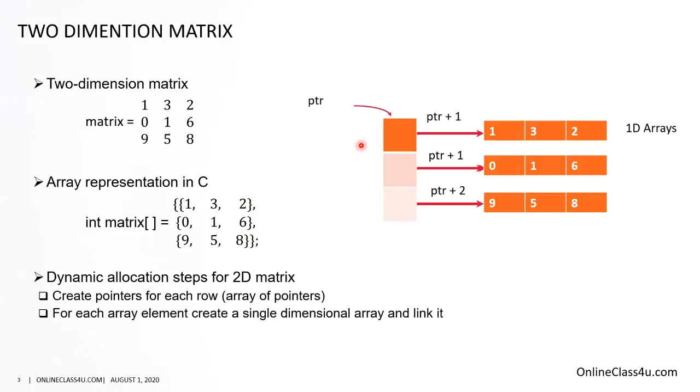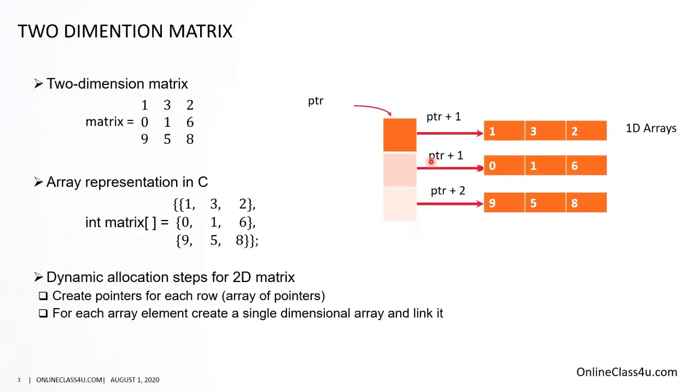If you can see the picture here, a two-dimensional array is nothing but multiple one-dimensional arrays. This is row 1, row 2, row 3. These are actually one-dimensional arrays.